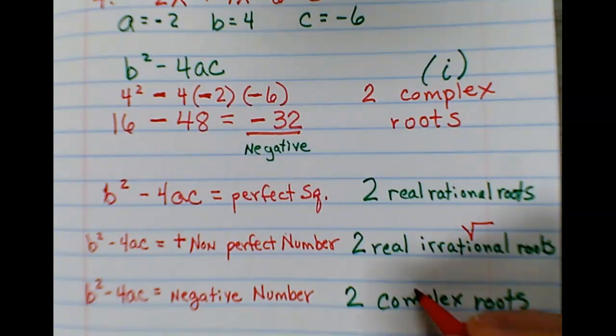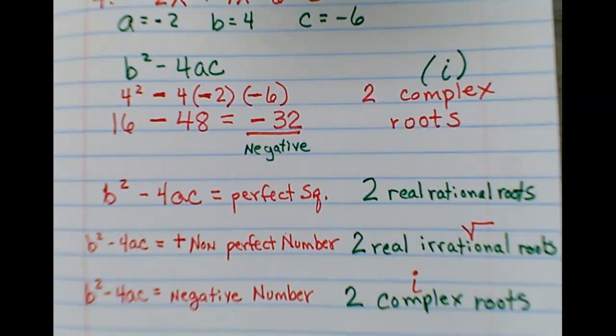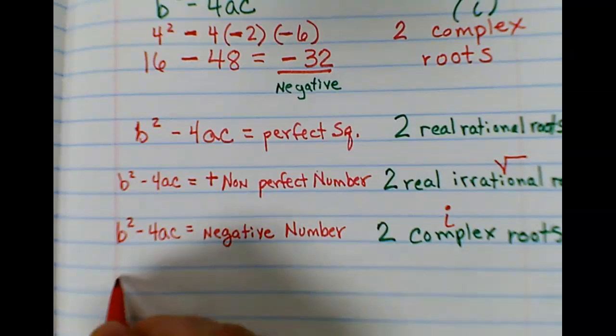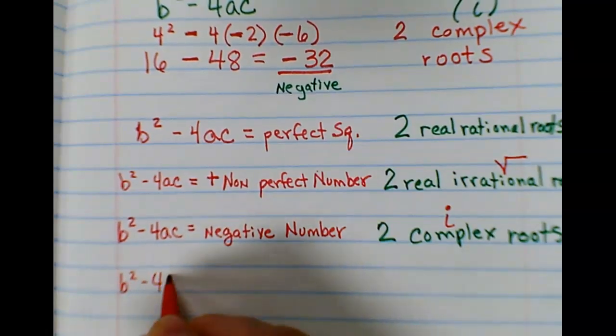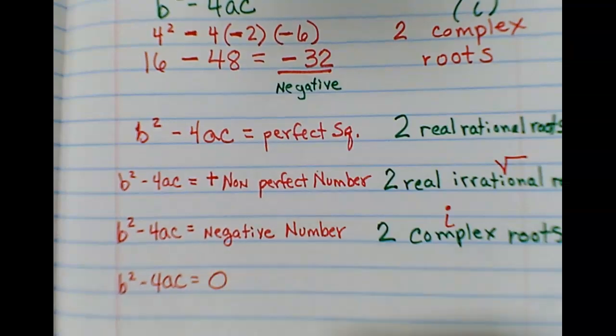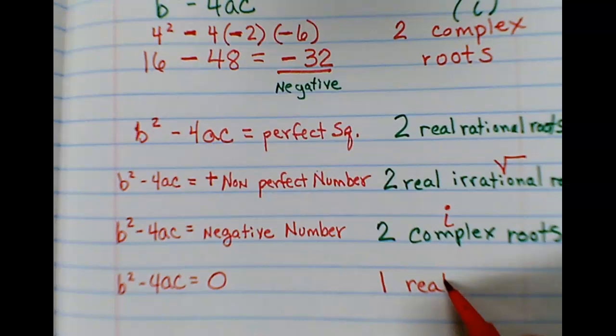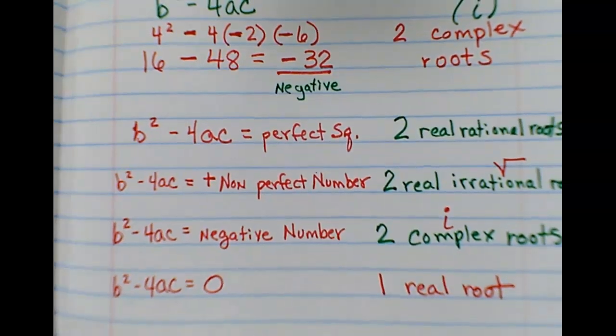What does complex mean? i. It's going to have an i in it. And if the B squared minus 4AC equals 0, you are going to have 1 real root. 1 root, 1 answer, called a double root. It will have no square root sign. It will have no i in it.